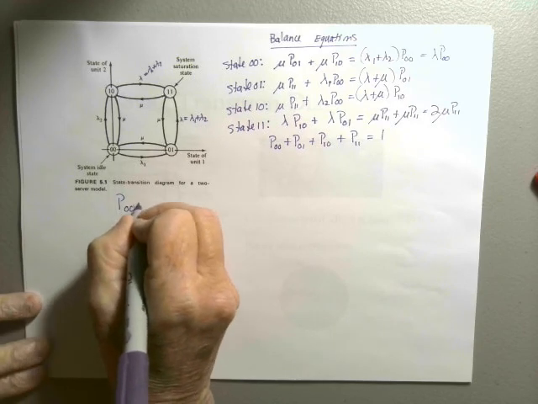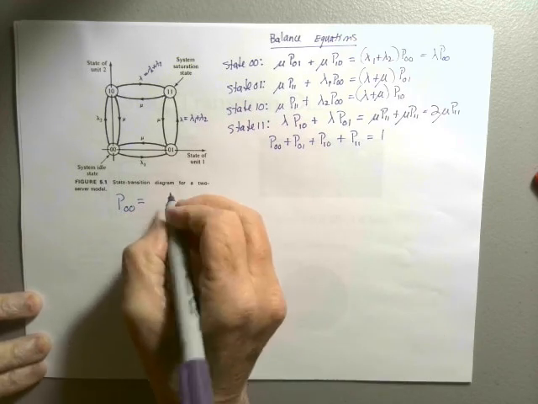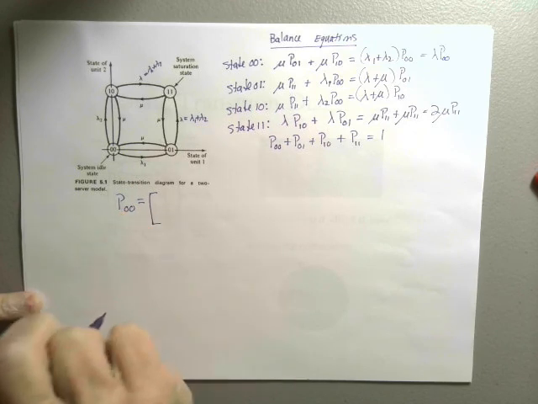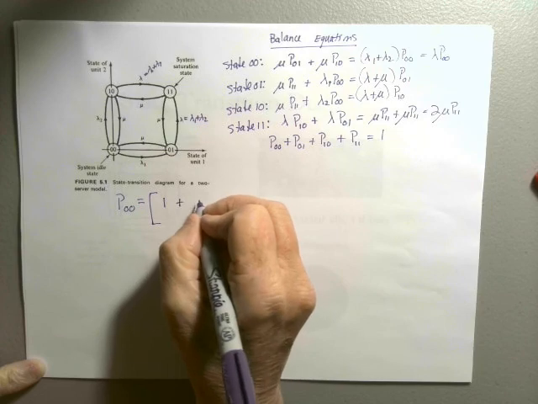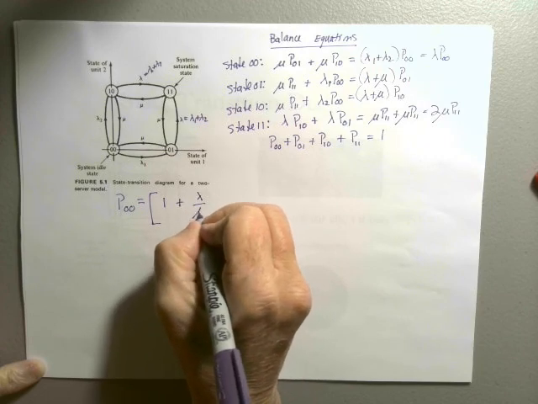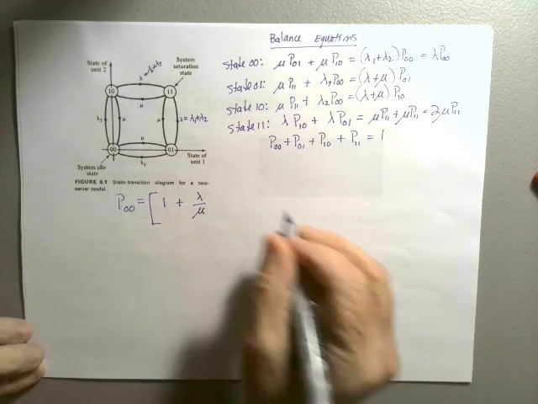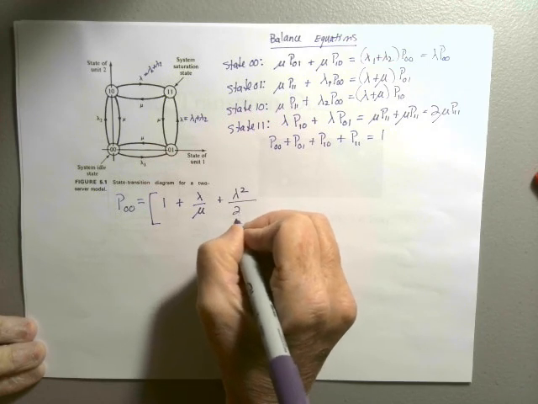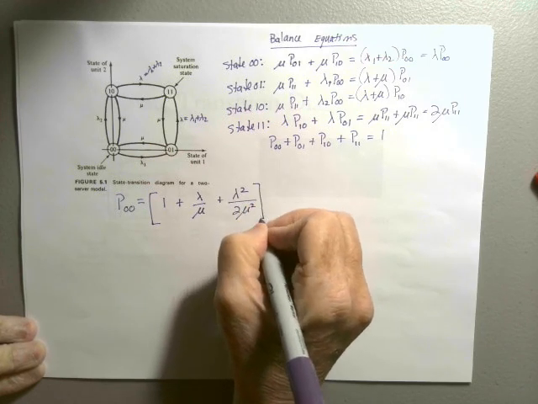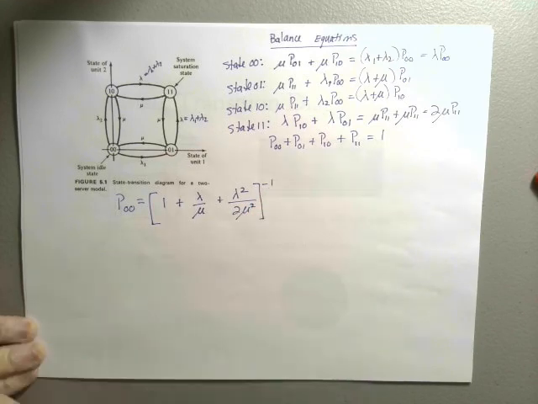So if you wanted to just plug and chug, you would get the steady state probability of both servers being idle ends up being 1 plus lambda over mu, which sometimes we call phi, plus lambda squared over 2 mu squared, and then this is really in the denominator, so it's 1 over that.